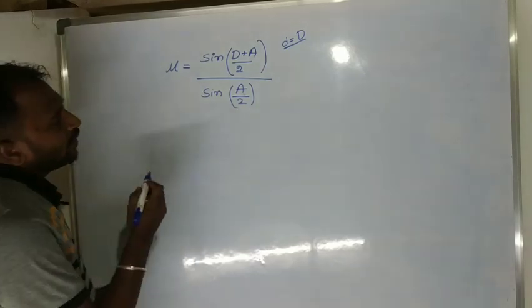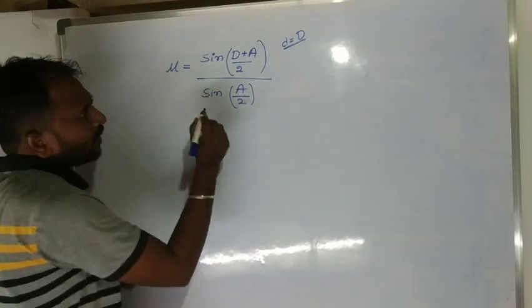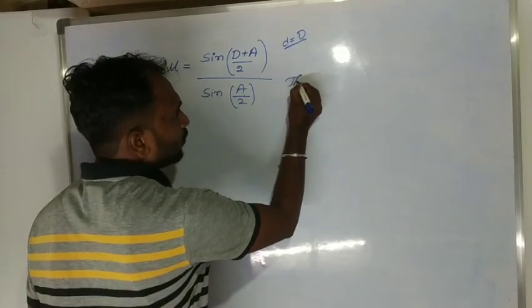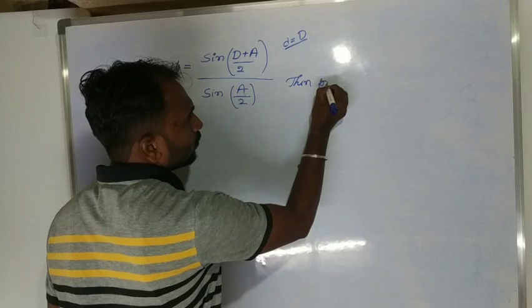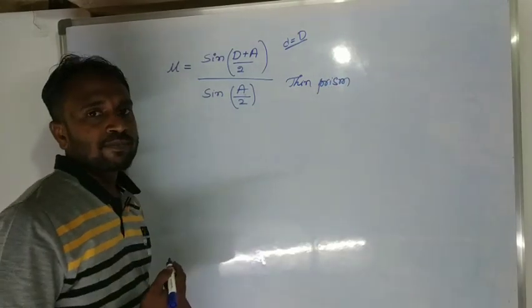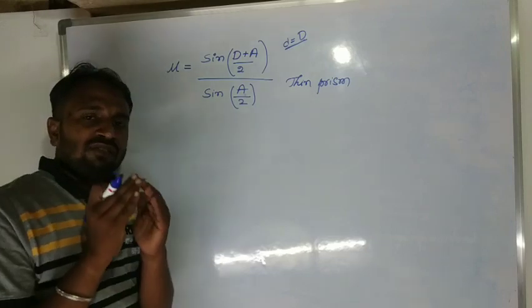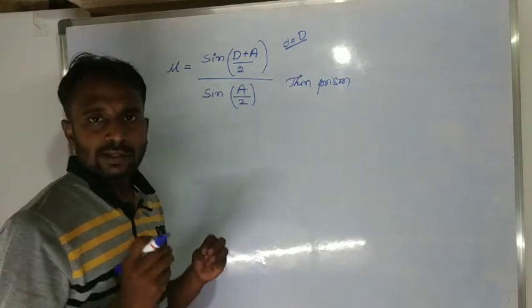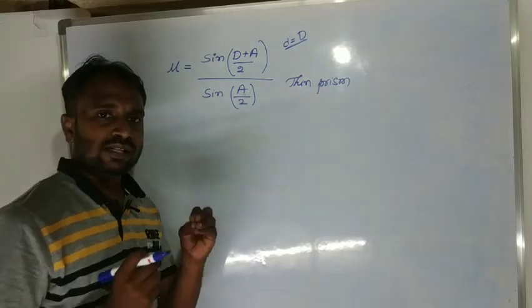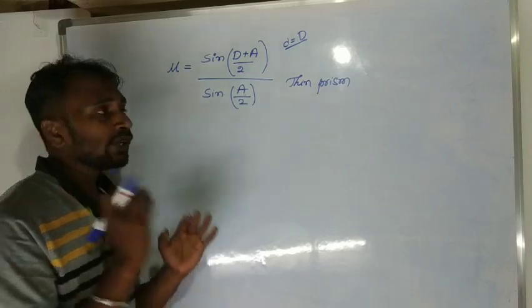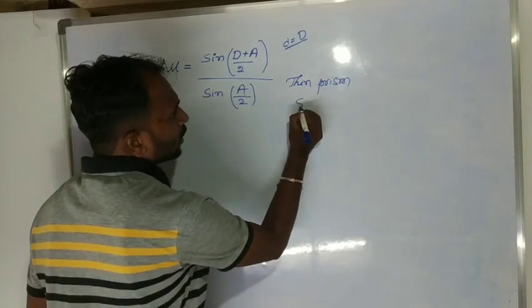Next, in a thin prism, A, the angle of the prism, is nearly 10 degrees. It means the angle of the prism is very small. Then what happens?